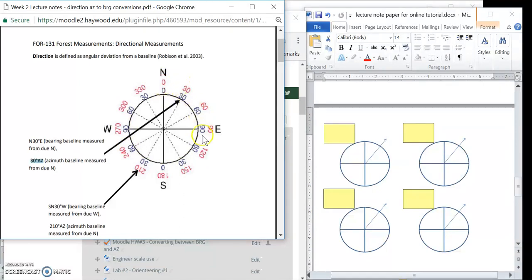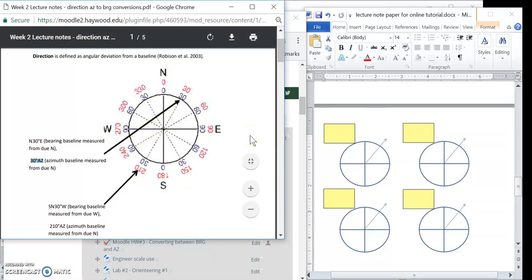So 30, 60, 90 is due east, 120, 150, 180 is due south, 210, 240, 270 is due west, and then 300, 330, and then 360 or 0. You could say either one, or you could still call that due north. And again, with the azimuth, you could still call these due north, due south, due east, due west, but a lot of folks just write the number down.